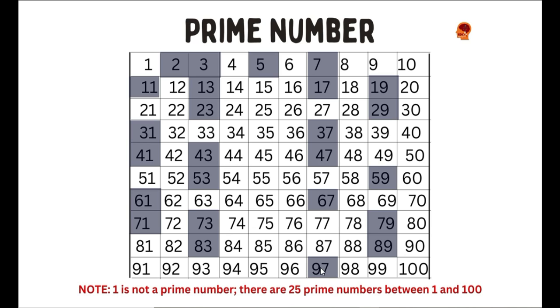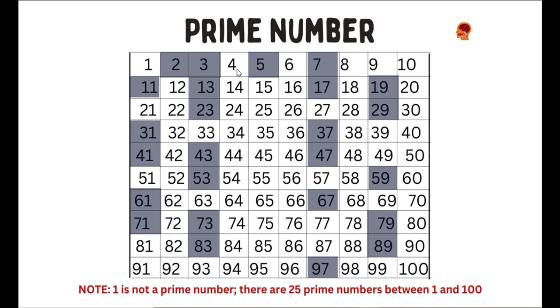Now, these numbers have just two factors, themselves and 1. It means that 1 and these numbers themselves can divide them without a remainder. No other numbers can divide them. For example, take 4. Why is 4 not a prime number? 4 has factors 1, 2 and 4.